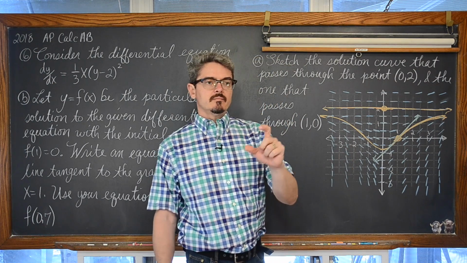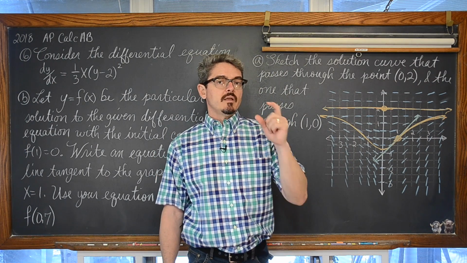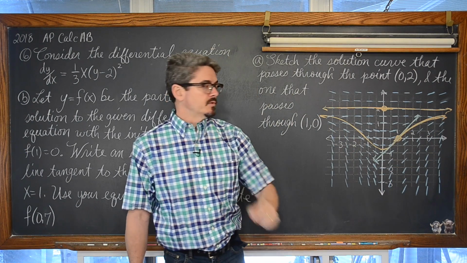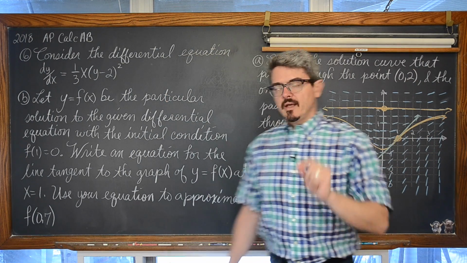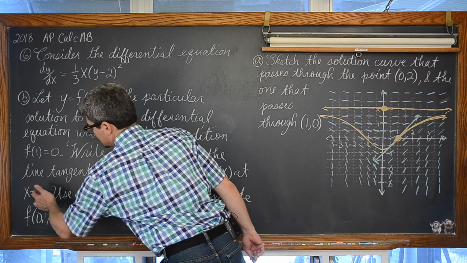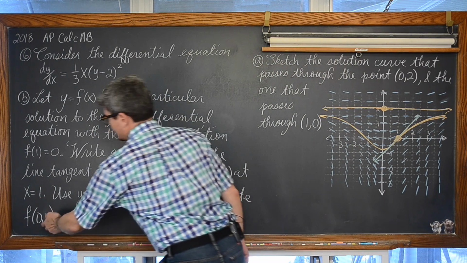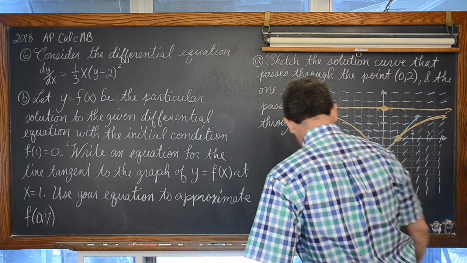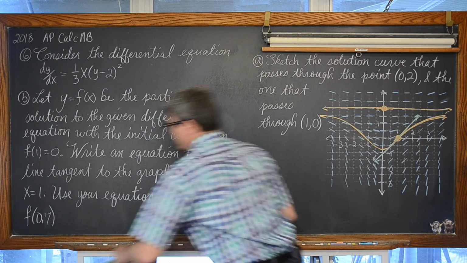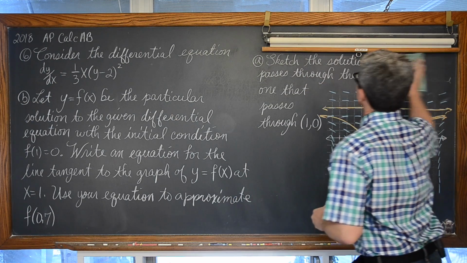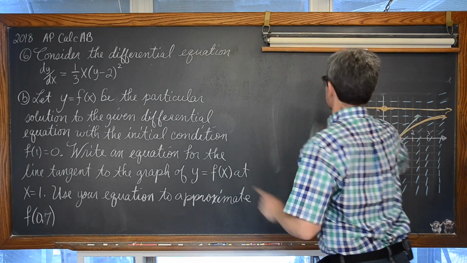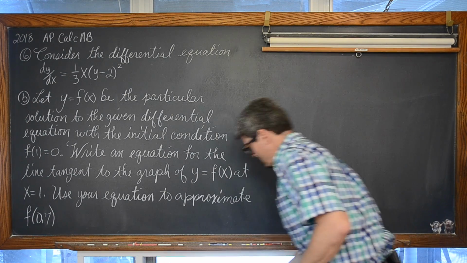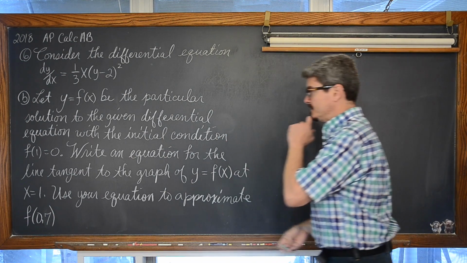And the tangent line can actually be a good approximation for any curve as long as you're close to that point of tangency. 0.7 is close to that x value of 1. So let's take this off so I have some room to work and find the equation of the line tangent to f of x at x equals 1.